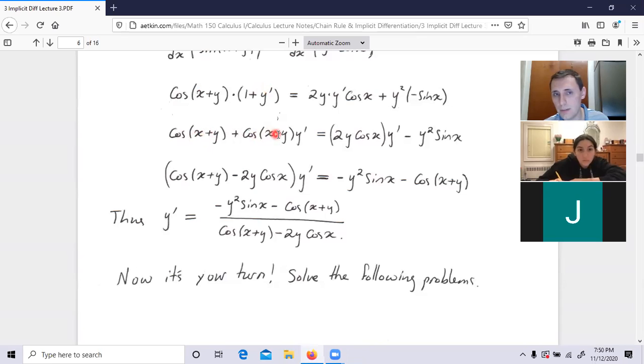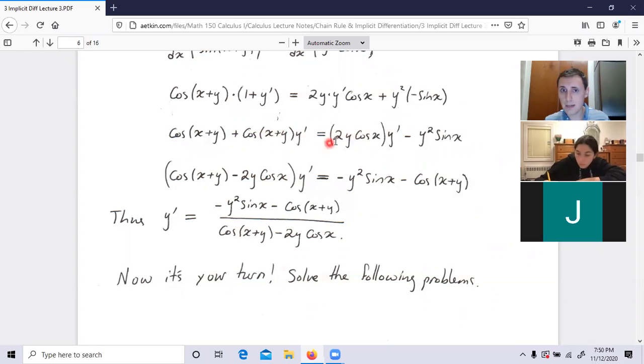That's what I do here, because I want to get on the right everything that does not have a y prime, and onto the left everything that has a y prime. So look at it. This minus that. So you see cosine (x plus y), and I factor the y prime, minus 2y cosine x. That's how I obtain this part.